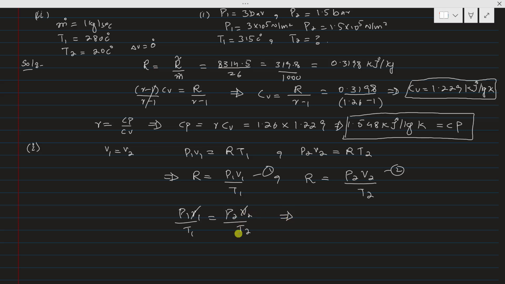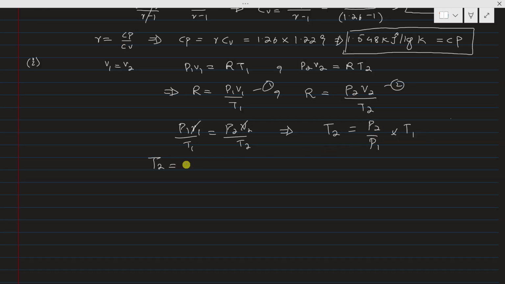We are interested first in finding T2 in order to find the heat rejection. So T2 is equal to P2 divided by P1 times T1, that is 1.5 divided by 3. The T1 value is in centigrade, 315 centigrade.